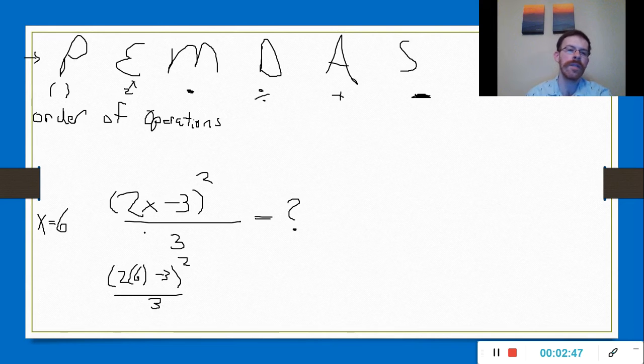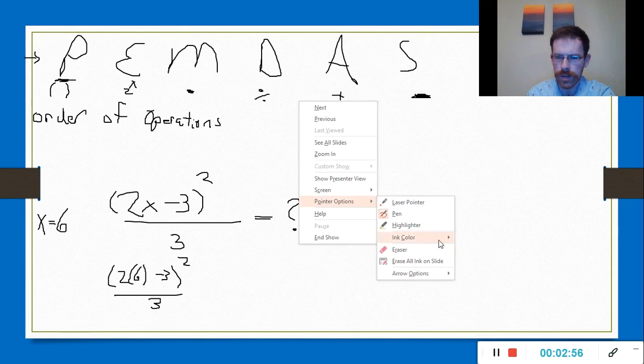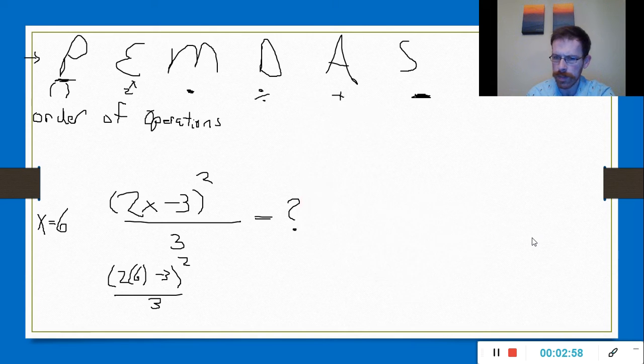So, if we go through the order of operations, the first thing that we have is parentheses. You need to take care of anything within the parentheses first. I've got two operations within these parentheses. I've got a 2 times 6, and I've got a minus 3. Once you're in the parentheses, you can go down the line.